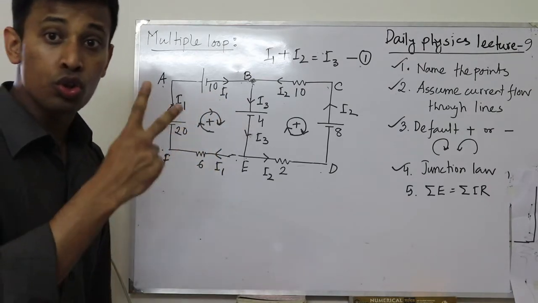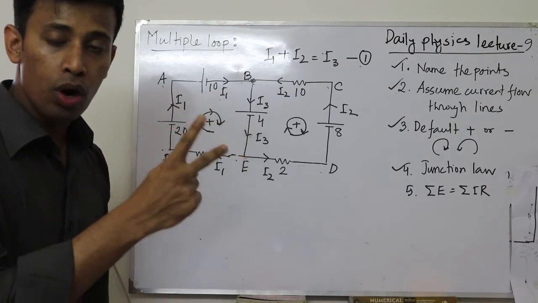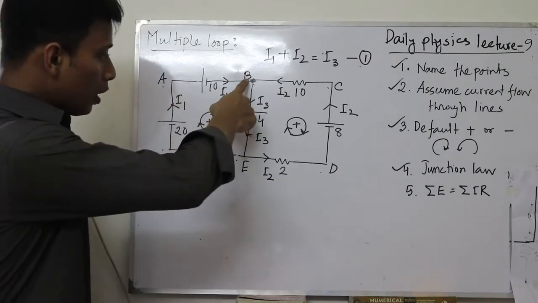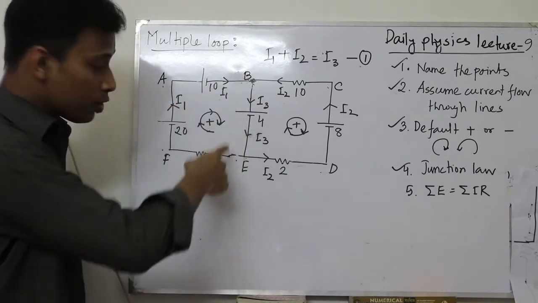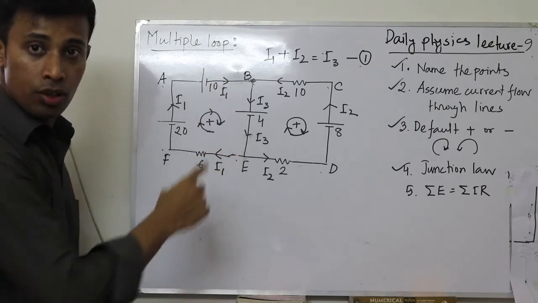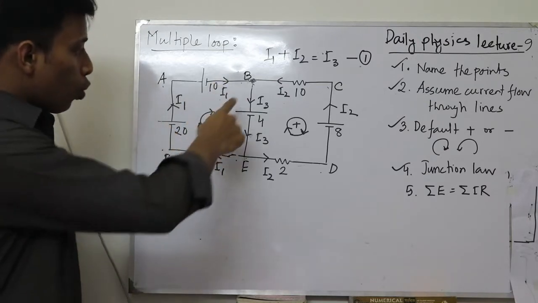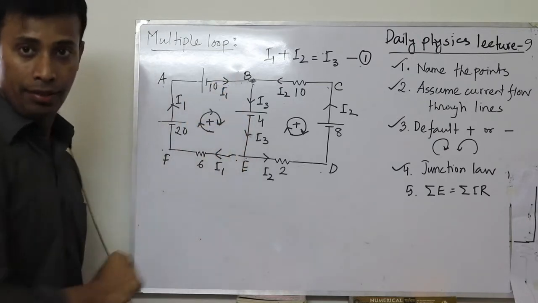So let's use those 2 loops, containing this line. Use the loops where we can have this BE line.